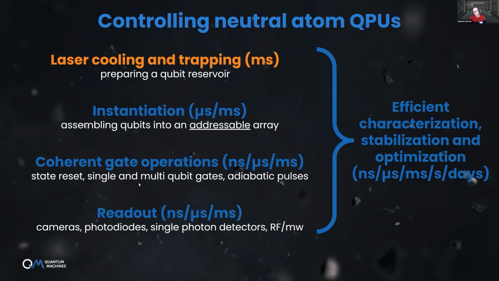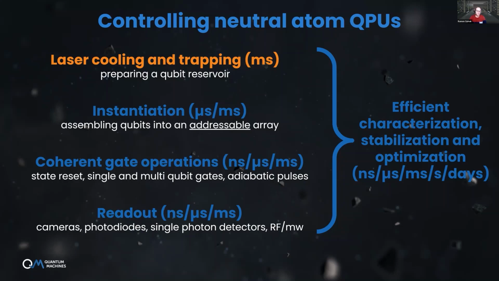You need to read out the state, but not only the state. Readout here is put in a general sense. It's not only the quantum state that is read out in a quantum processor. You also have photodiodes used to stabilize lasers, single photon detectors to do some kinds of readout. Many are using cameras.